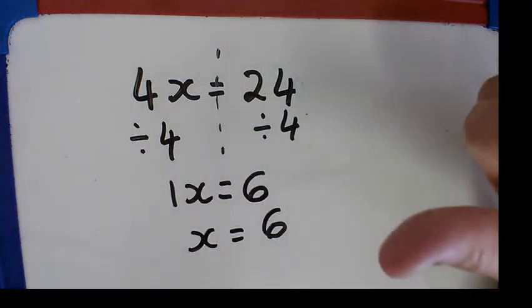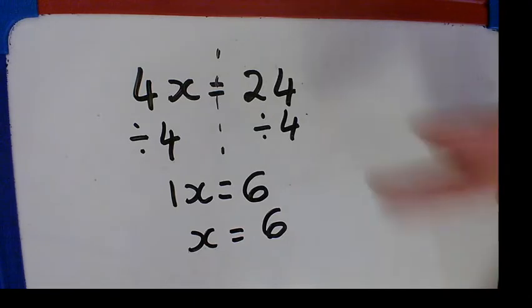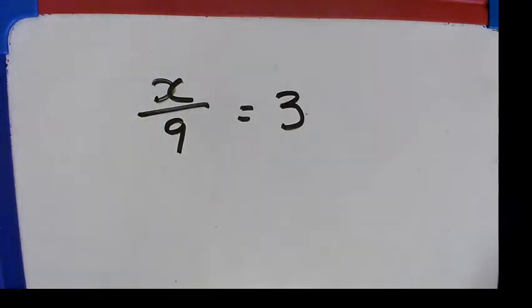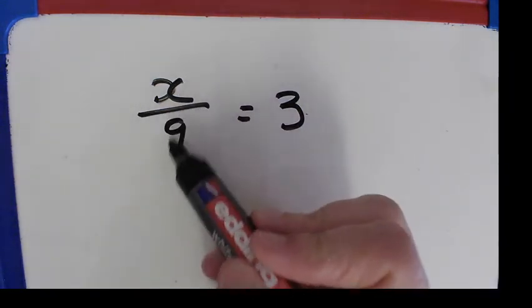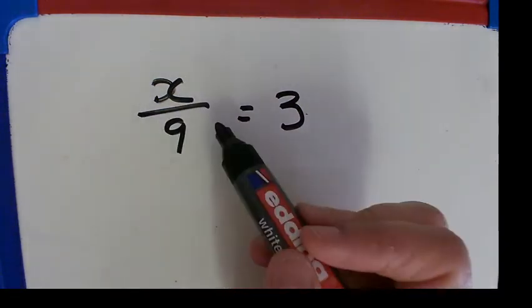So when I add, I subtract. When I'm subtracting, I add. When I'm timesing, I divide. So the last one must mean that when I divide, I must multiply. So here's an example. So x over 9 is equal to 3. Well, what's happened to x? I've divided it by 9. How do you undo a divide?